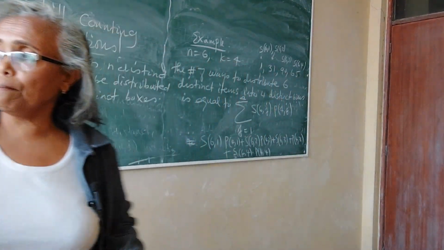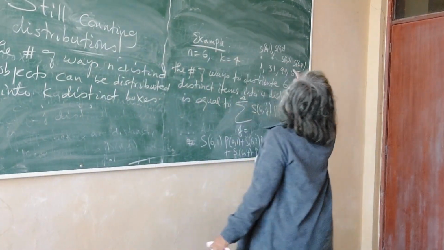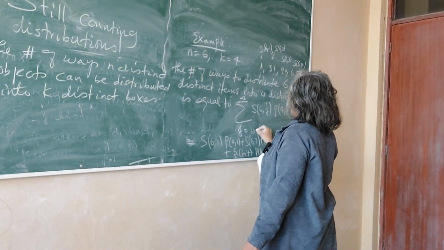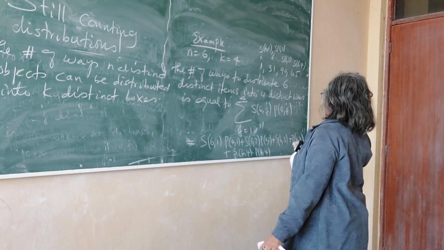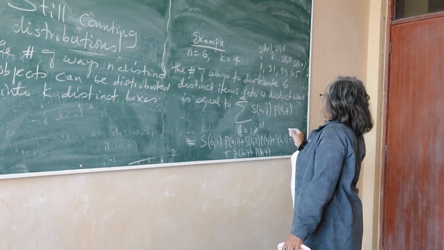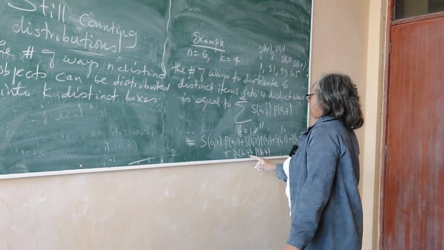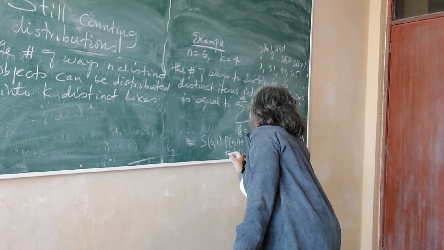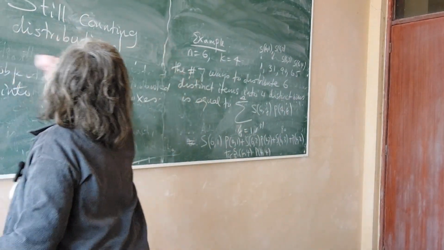What are these numbers? Well, S(6,2) is 31. We have 31 there. S(6,3) is 90. S(6,4) is 65.